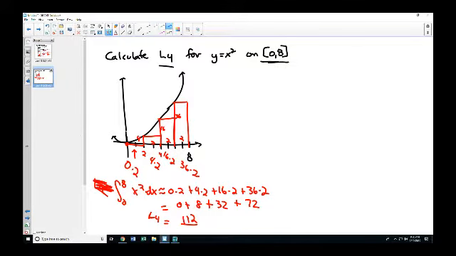Are you caught up? So a graph is one way to tackle this. A table is another.